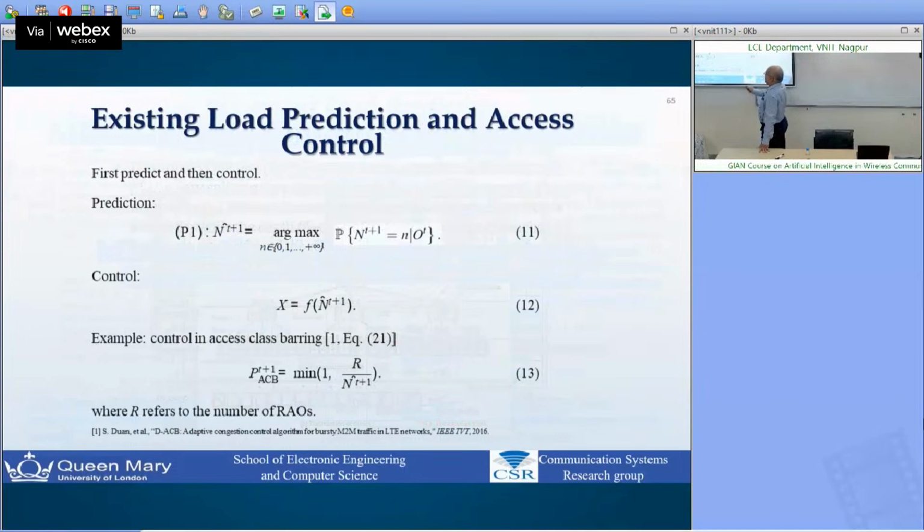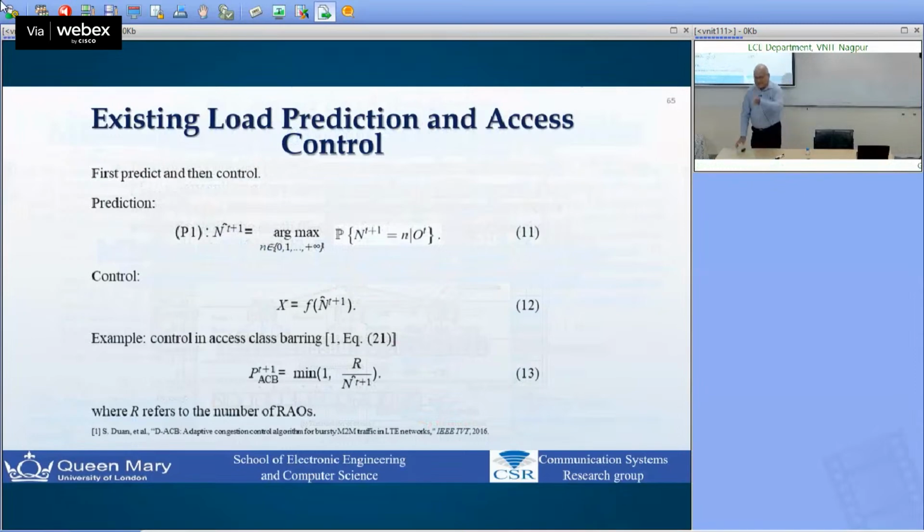Here R is the number of preambles available, and NT is the load. So the base station has to predict the load to broadcast the access class barring ACB factor.